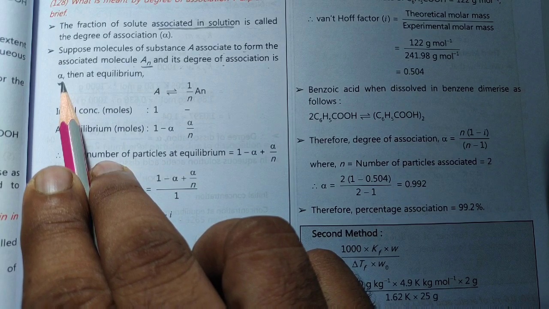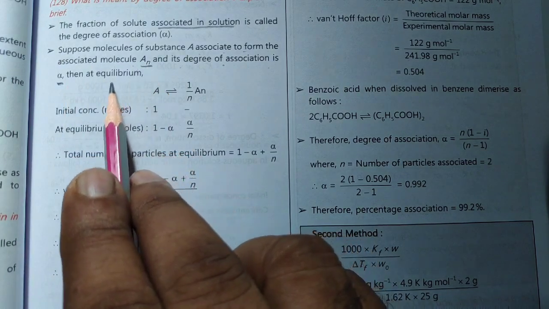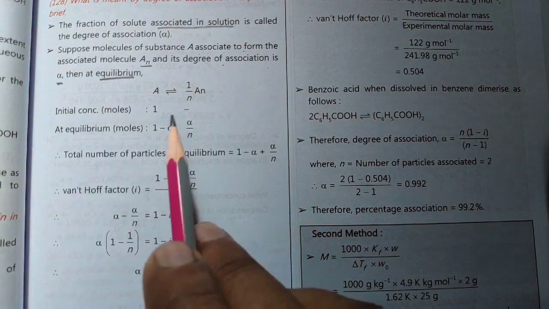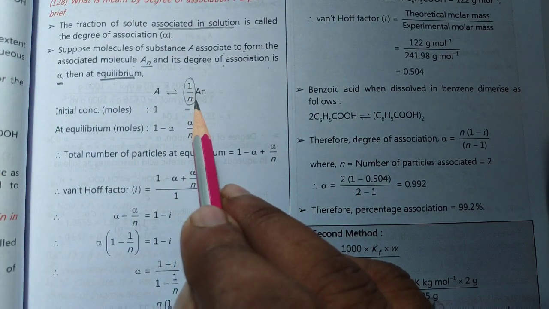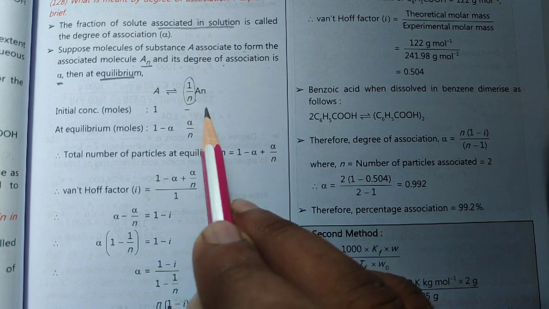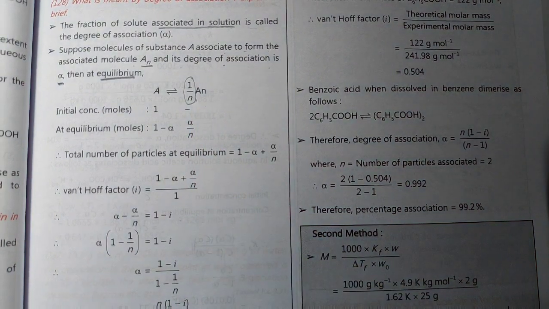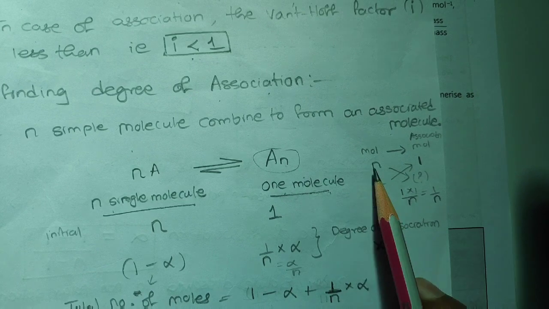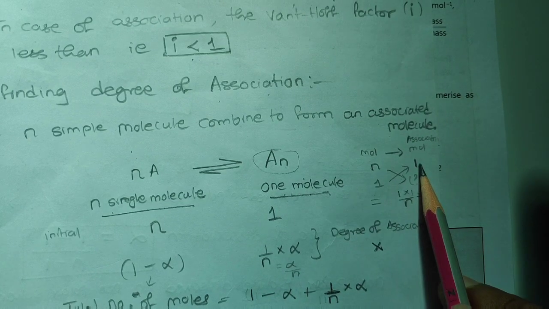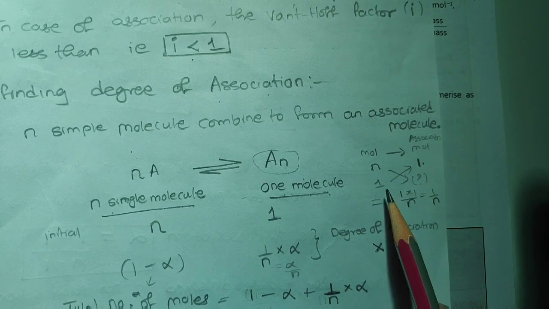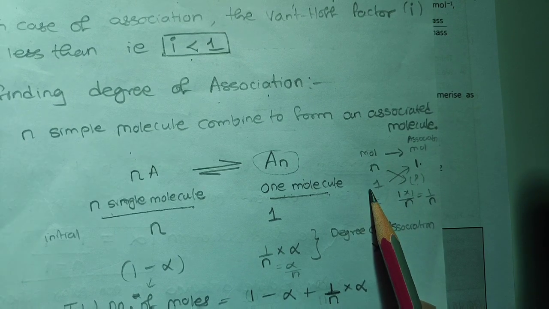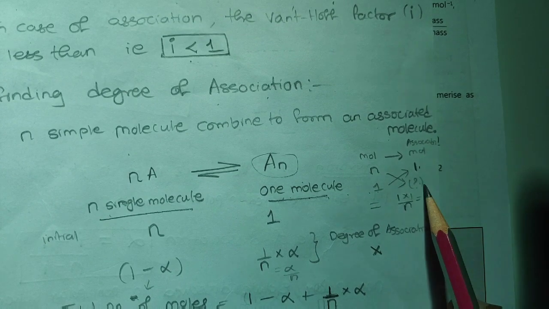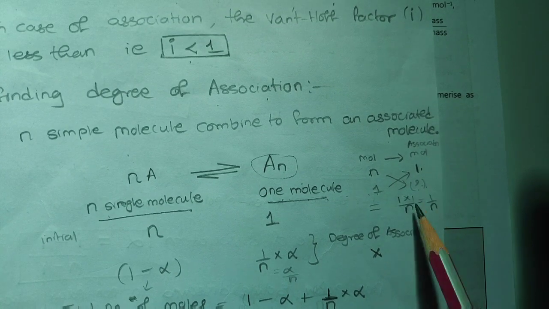Here also we take the same alpha, as we took for degree of dissociation. Then at equilibrium, how did this 1 by n come? For this we have one explanation here. n moles associate to form 1 mole, right?